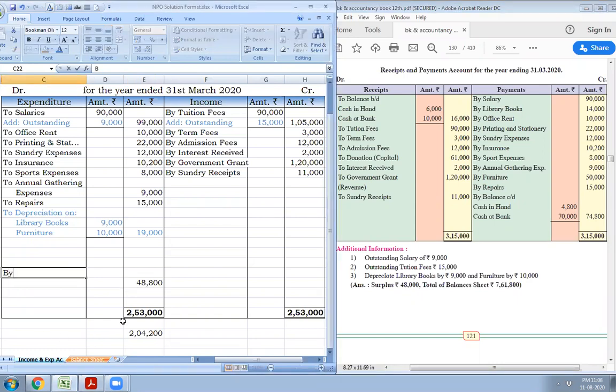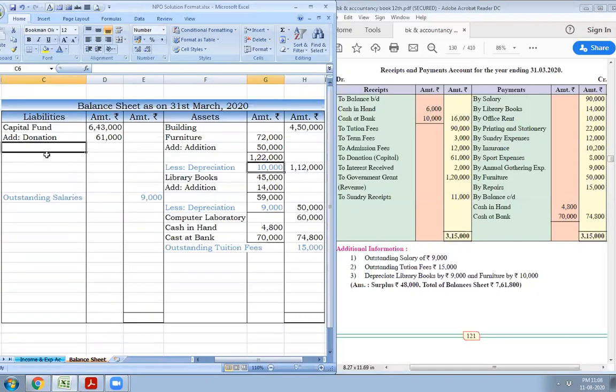So by surplus transferred to capital fund rupees 48,800. We will add it to the capital fund. Add surplus 48,800.